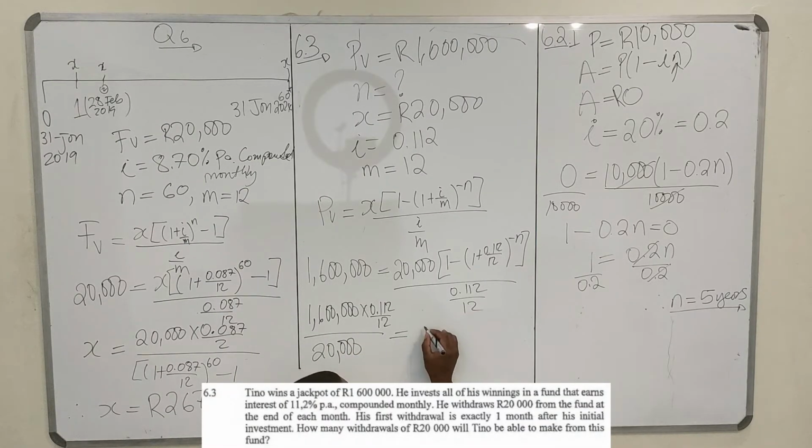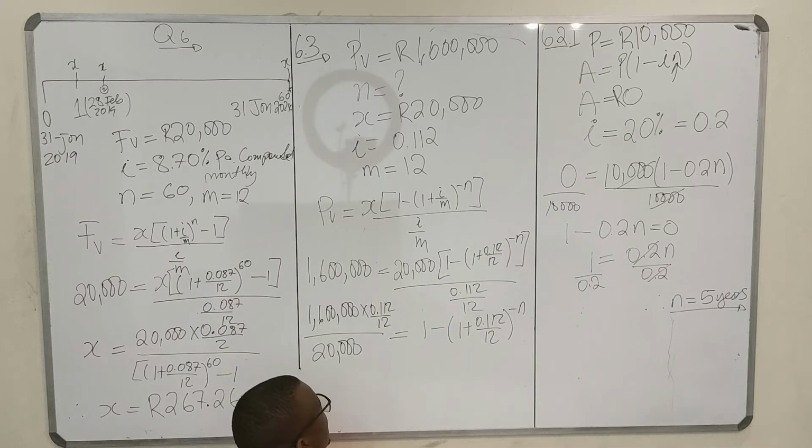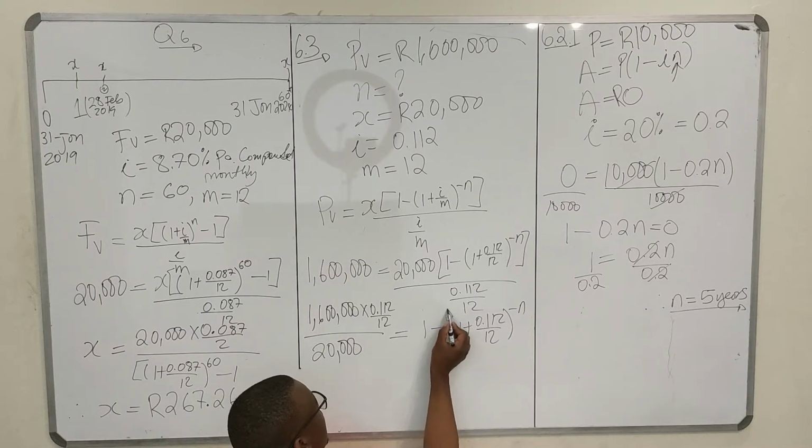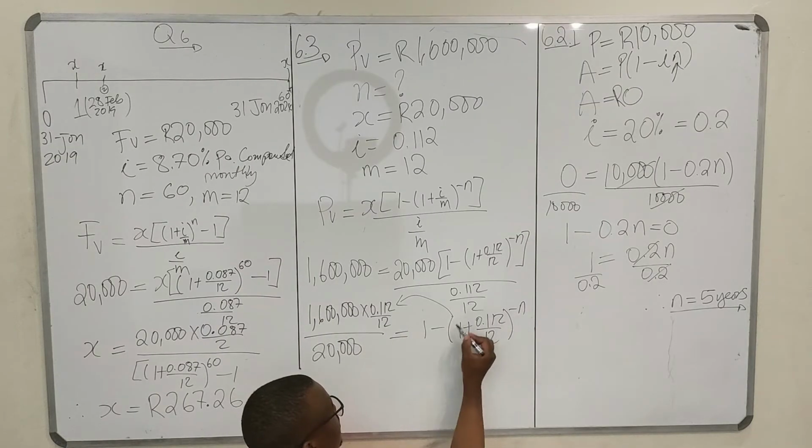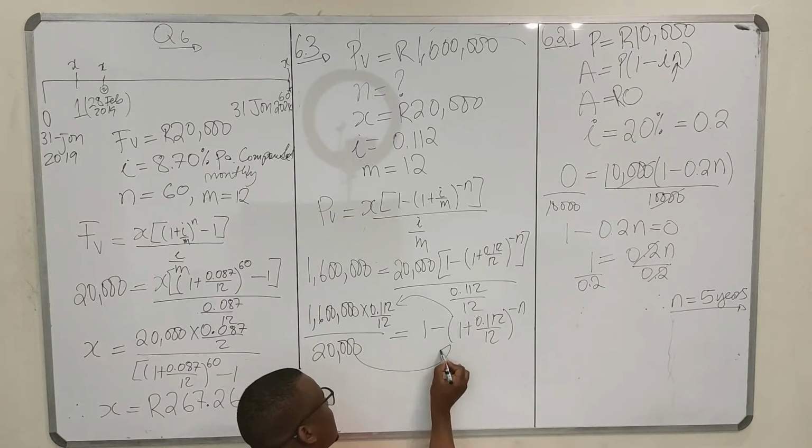That is equal to 1 minus (1 plus 0.112 over 12) raised to negative n, right? So you transpose this to the side, all of it, and transpose this to the other side.